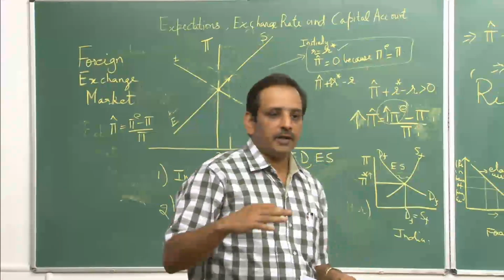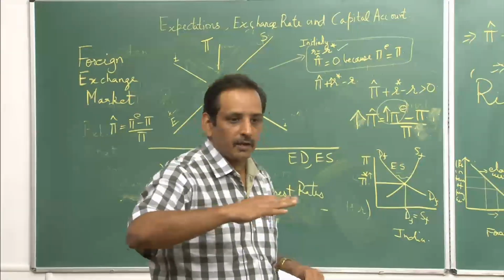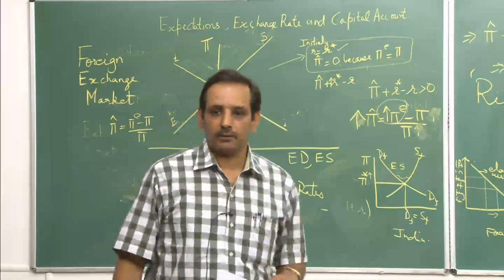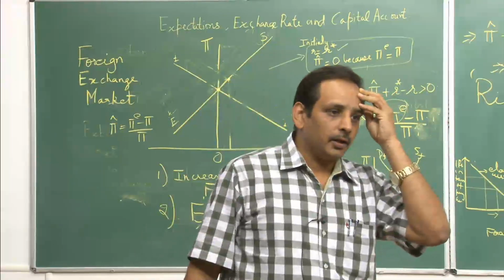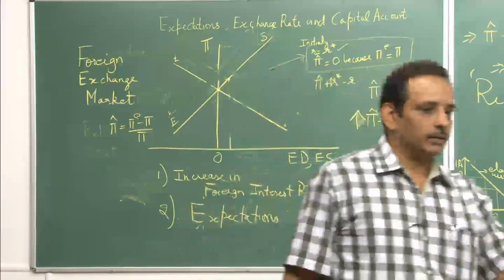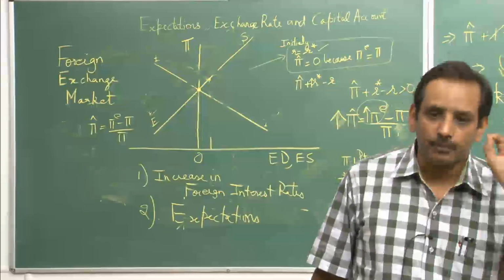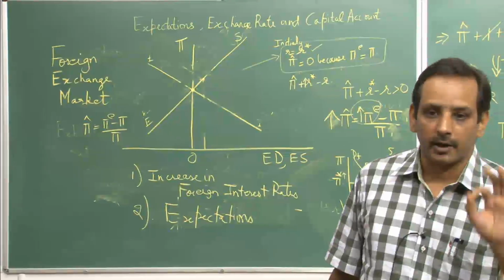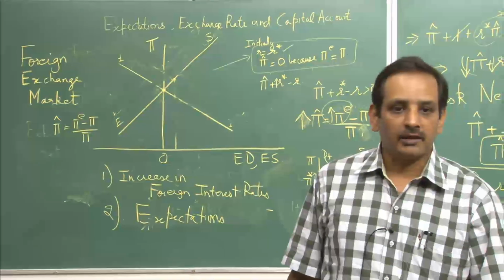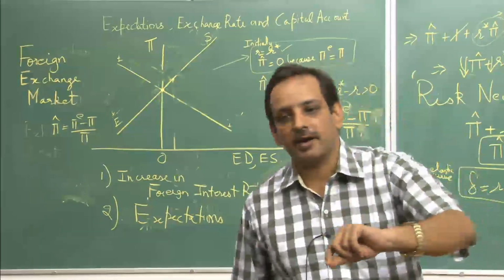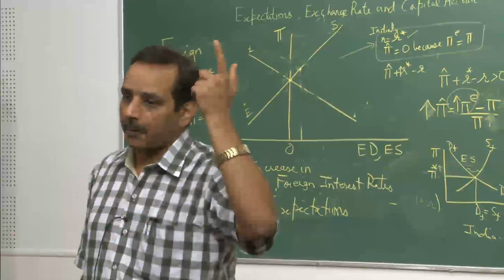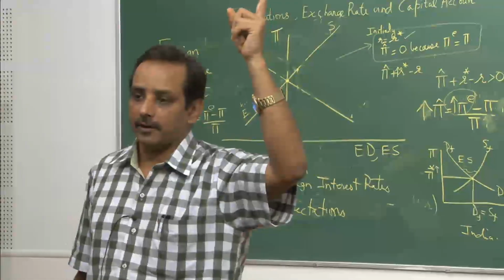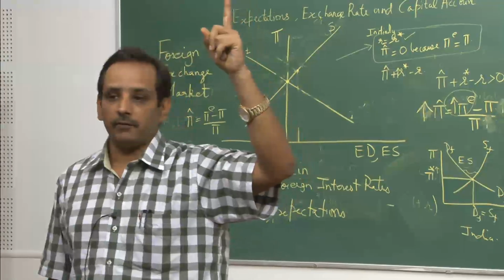So, the ED curve shifts to the right. Now, see what is happening. You expected your currency to depreciate, but then in reality your currency in fact depreciated. You only expected that maybe after a year's time your currency will depreciate.